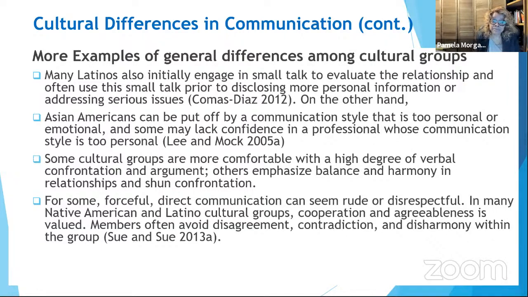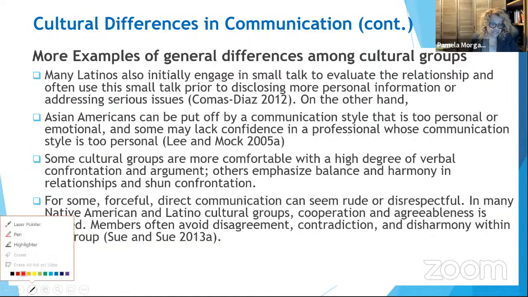Asian Americans can be put off by a communication style that's too personal, emotional, and some may lack confidence in a professional whose communication style is too personal. And we, as Americans, can be pretty personal. So that's something that we would want to pay attention to.